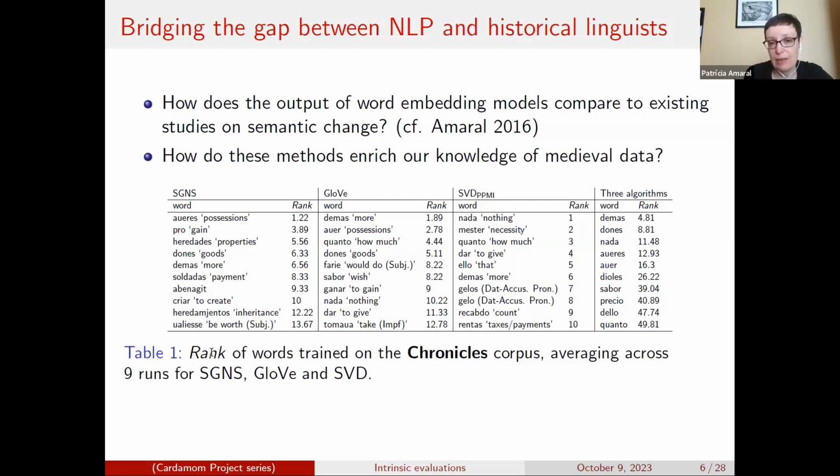Because of course, once you get the neighbors, you also get information about other words in the language from that period. That allows you to see how these words behave in terms of distribution, why they appear here, because they have similar properties to the word we're interested in. And actually, we found, for example, that this word de más was having a very similar development. This is something that had never been studied in the literature.